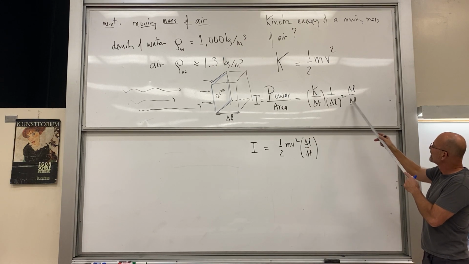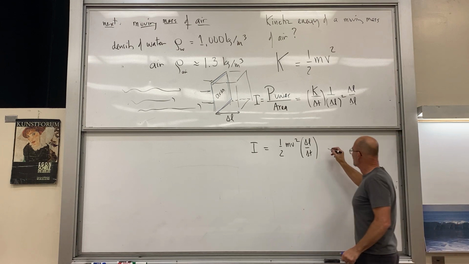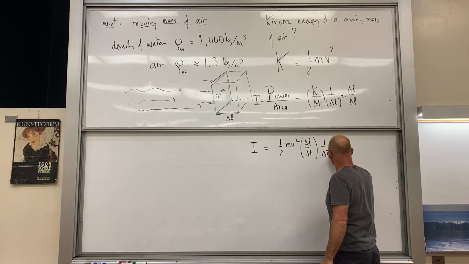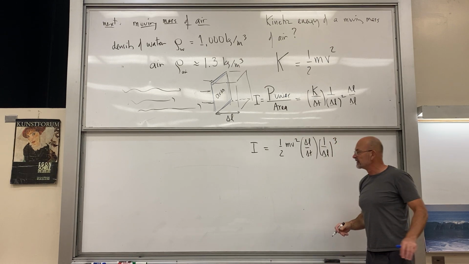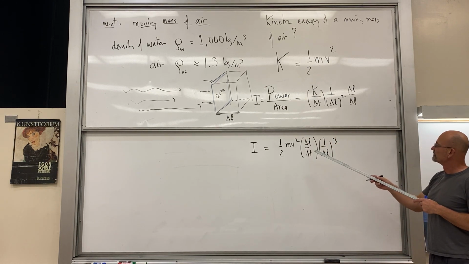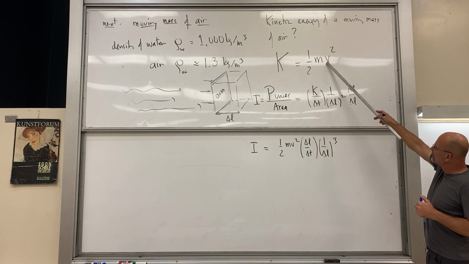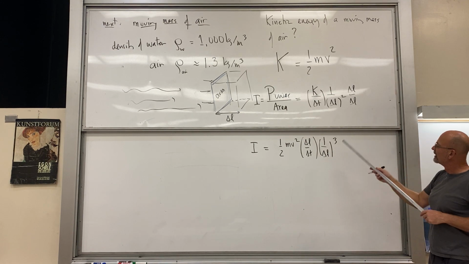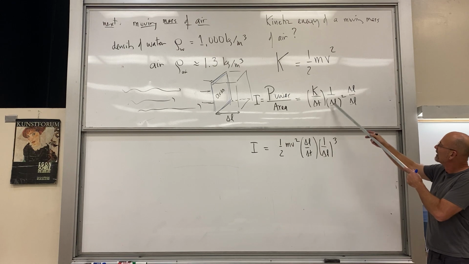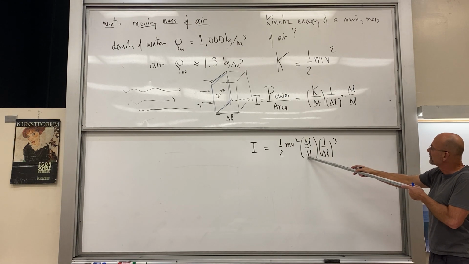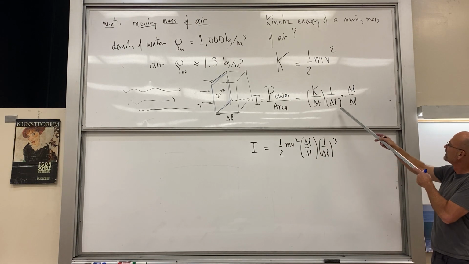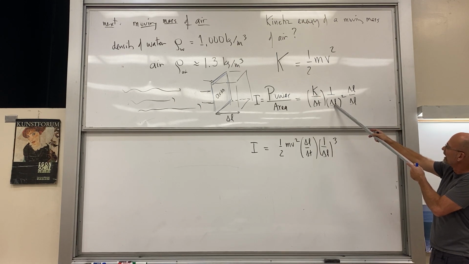Okay, 1 over delta L cubed. So once again, I started with the energy of that moving mass of air per time. Okay. And then delta L per area.